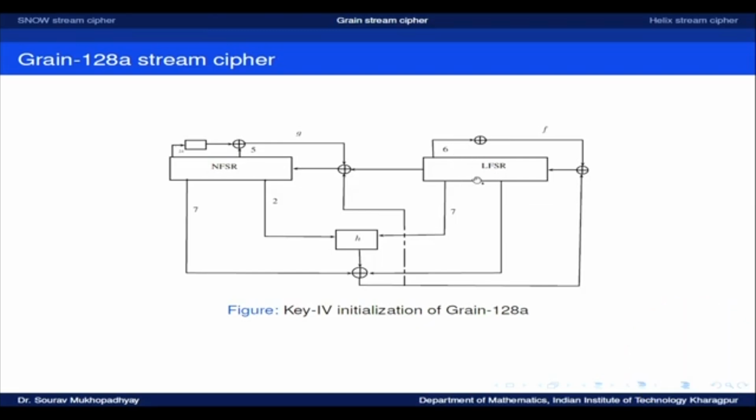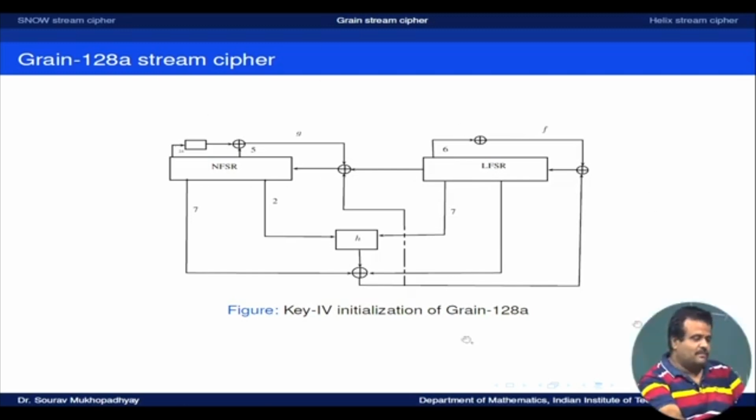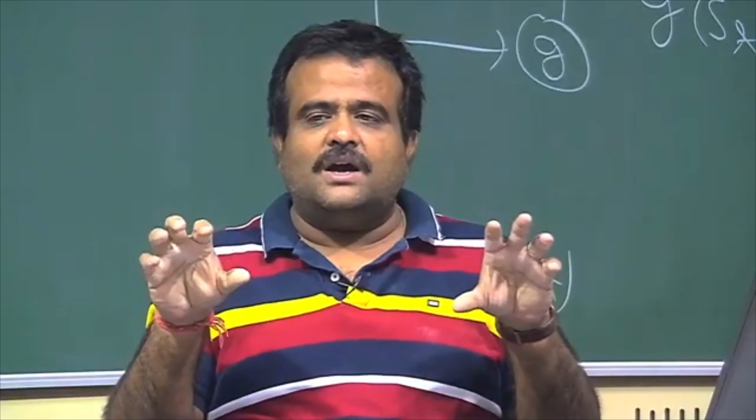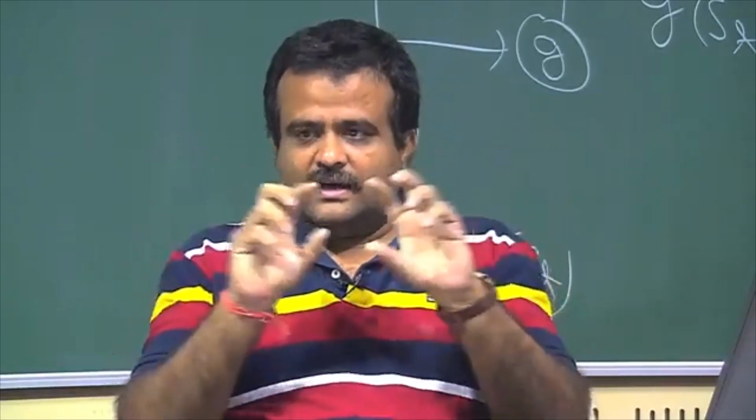And then we run this for 256 times. We do this clocking 256 times, and then we start generating the key stream bits. But the first 64 bits of key stream we use for authentication purpose. After these 256 clockings, we reach the initial state.